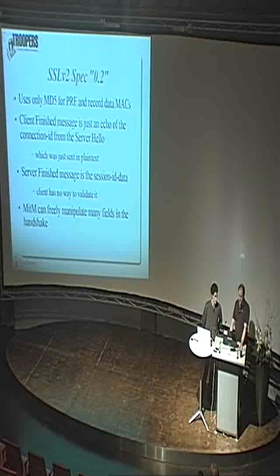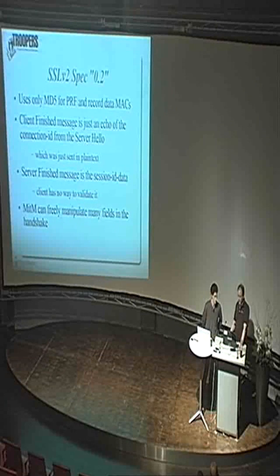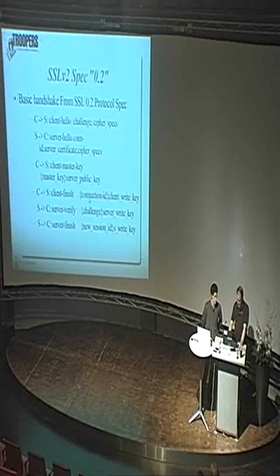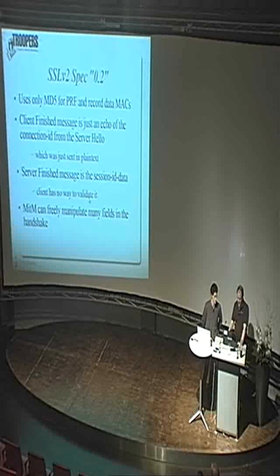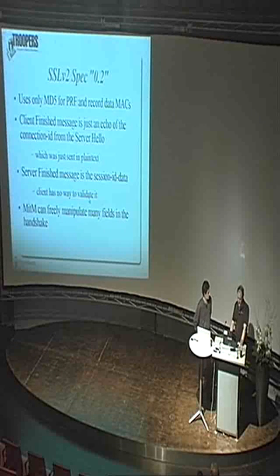Other features of SSL v2: it only used the MD5 algorithm as a pseudo-random function, and for MACs, ensuring the integrity of the application data records. The client finished message back here was simply an echo of the connection ID from the server hello, so that was known plaintext.